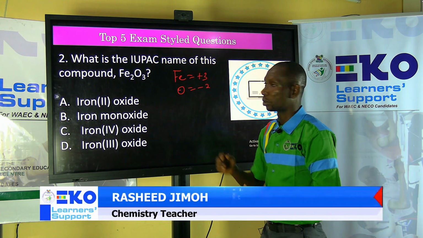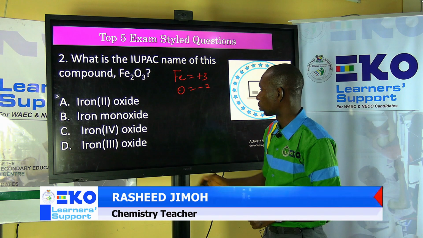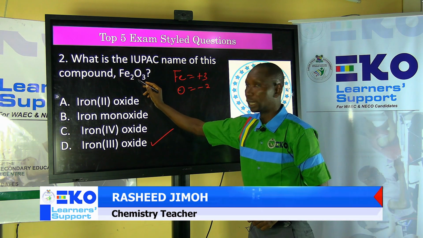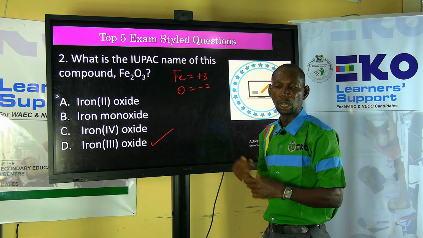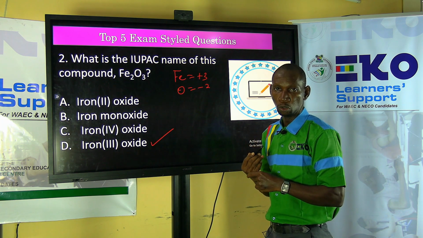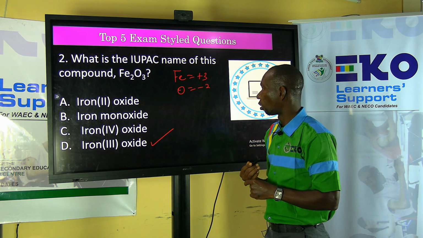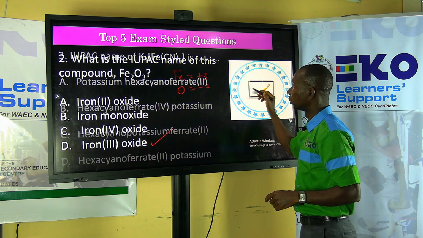So that has to reflect in the name. And the correct answer here is what? Iron 3 oxide. Never mind the 2 there. The 2 was first belonging to the oxygen before the combination took place. The 3 is actually the valency of the iron. Let's look at the third one.